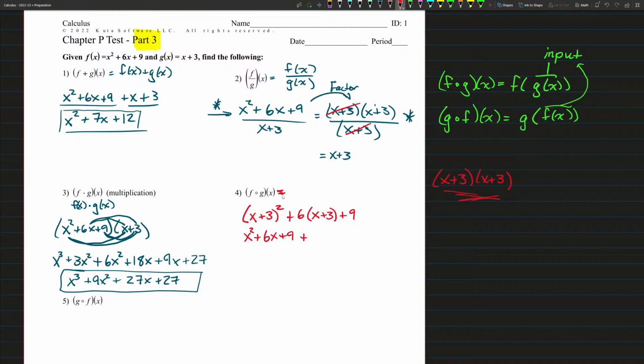And then we distribute the 6, so plus another 6x plus 18, and then plus 9. So then we get x squared plus 12x, and then 18 plus 9 plus 9, that's just 18 plus 18, which is 36. So that's our answer.